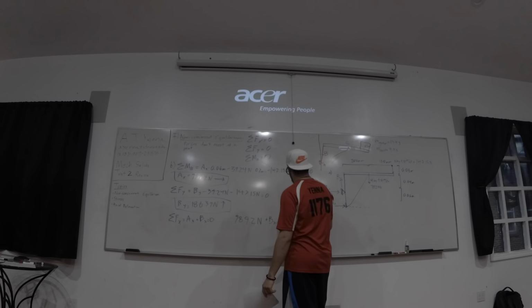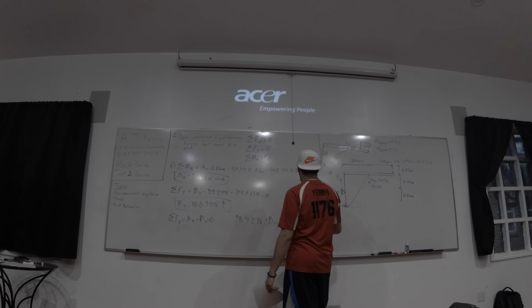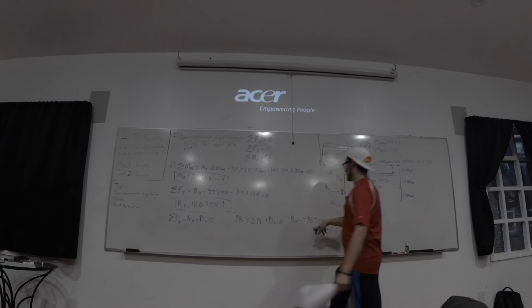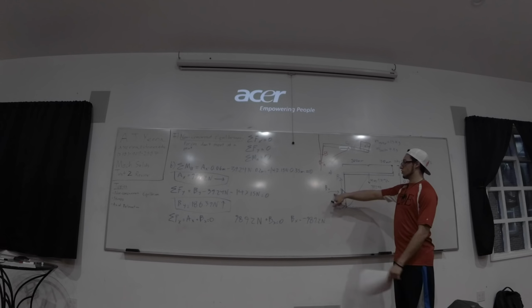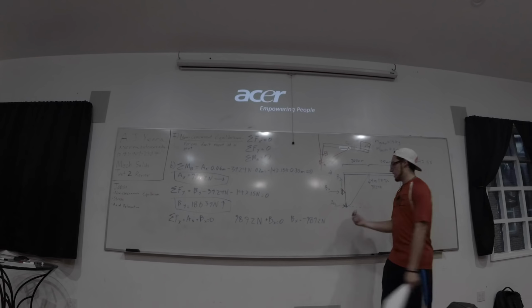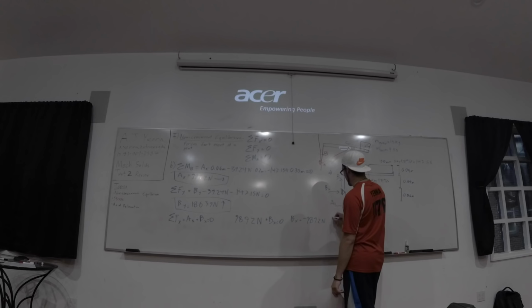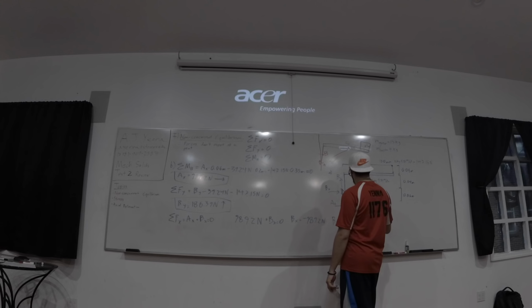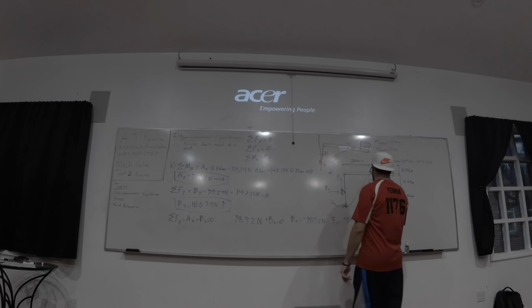So we get Bx equals negative 989.2 newtons. So now with this negative, since I assumed it to be to the right and it's the negative value of that, when I boxed my answer, I just put Bx equals 989.2 newtons to the left.